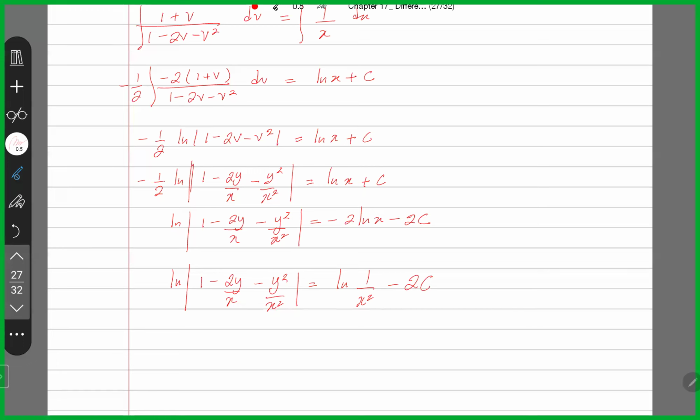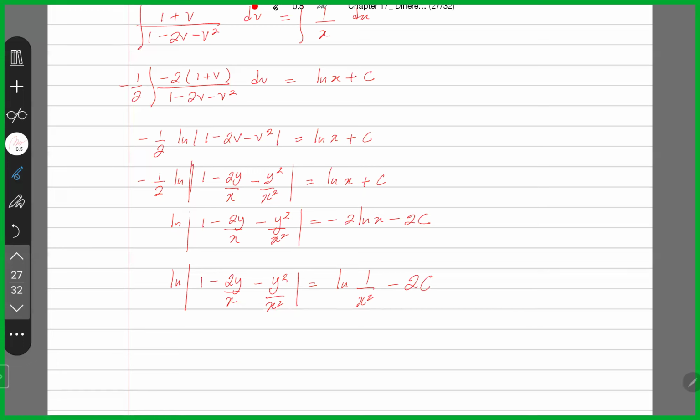Right. Example 27 says that if y depends on x and x is equal to e to the u, then x squared d2y by dx squared is equal to d2y by du squared minus dy by du, given that y satisfies the differential equation.